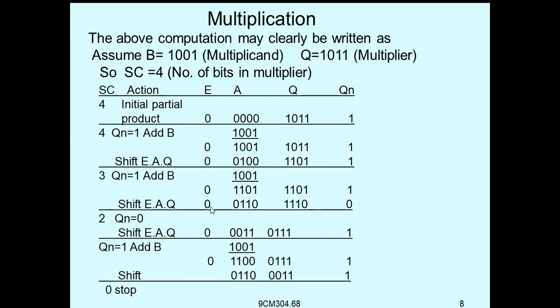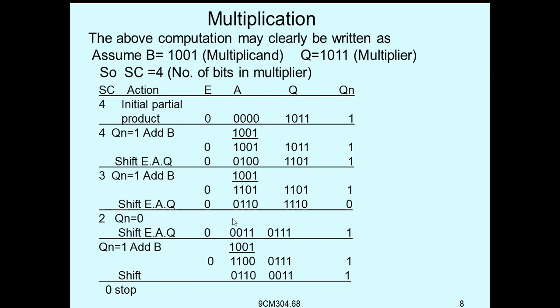This 0 goes on, and then triple one, and then 0 comes here, double one, 0. This 0 comes here. Once again, this was set to 0. So this was the result of the shift right of EAQ. So now Qn is nothing but 1.